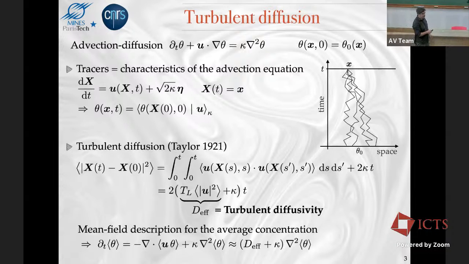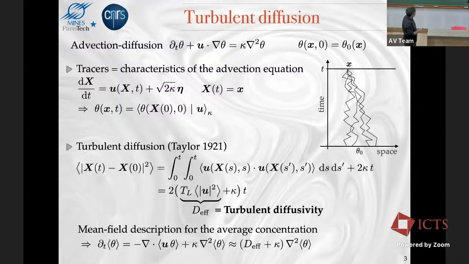By looking at such stochastic trajectories, you now have a stochastic ensemble of trajectories for different realizations of the diffusion.